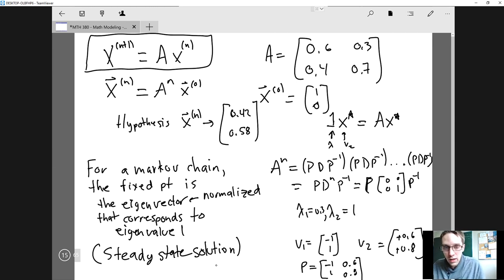And if we want to actually get the steady state solution, this should be representing probabilities. And the total probability, the sum of the entries in the vector, should be 1. Well, right now, the vector 0.6, 0.8 does not have its entries sum to 1. Its entries sum to 1.4. And so it doesn't actually represent probabilities yet.